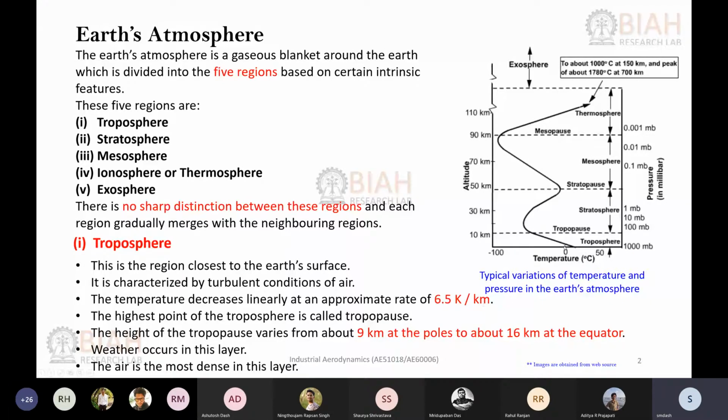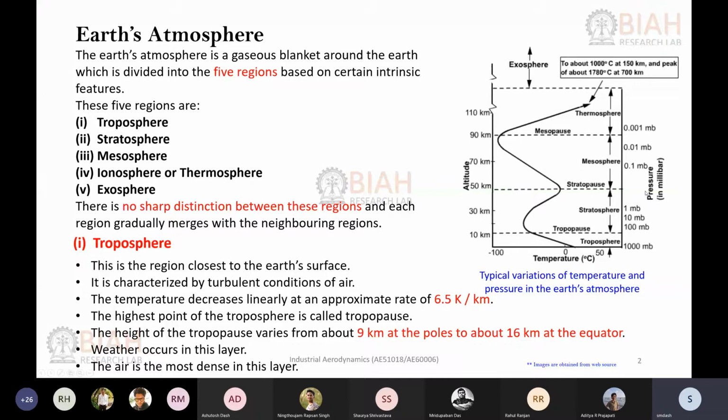So temperature reduces as you go high, and here you can see that the pressure observed is around 1000 millibar, or 1 atmospheric pressure, which is around 1 bar. Here the scale is in millibar.